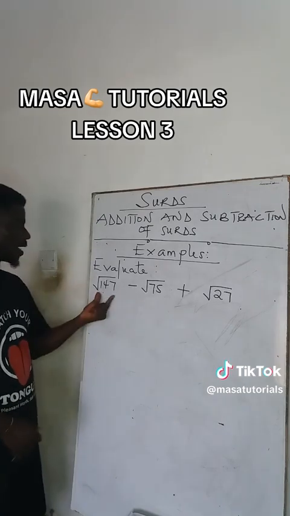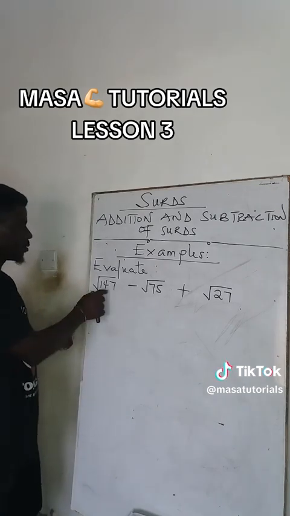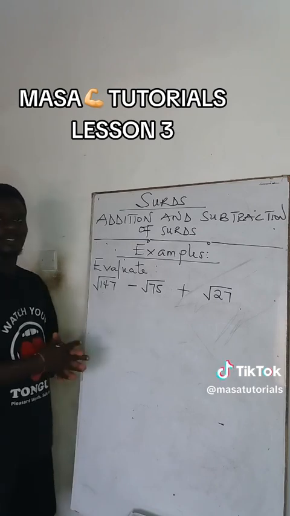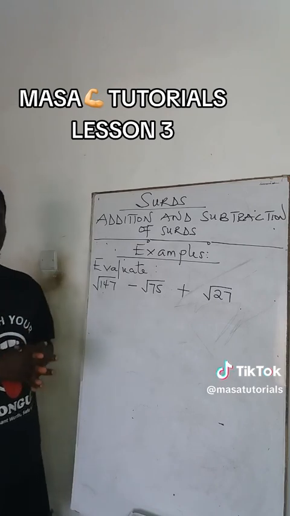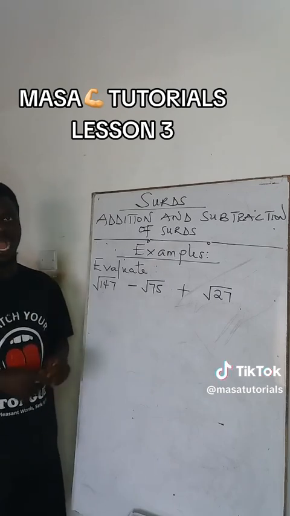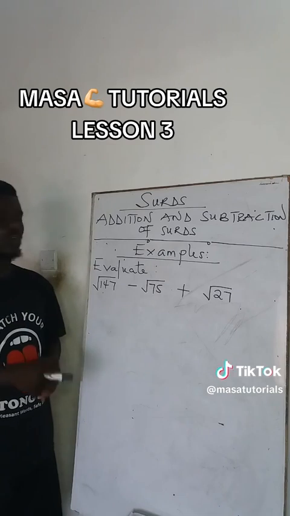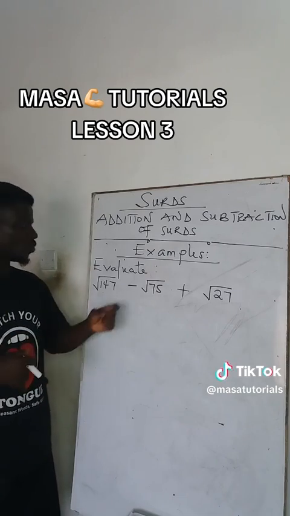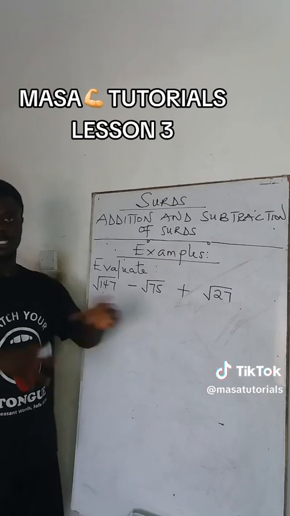Now, you can see that for now, the numbers inside the root signs are not the same. So when it happens like this, you need to simplify. You have to simplify or reduce the surds to check whether you can either subtract or what? Add.